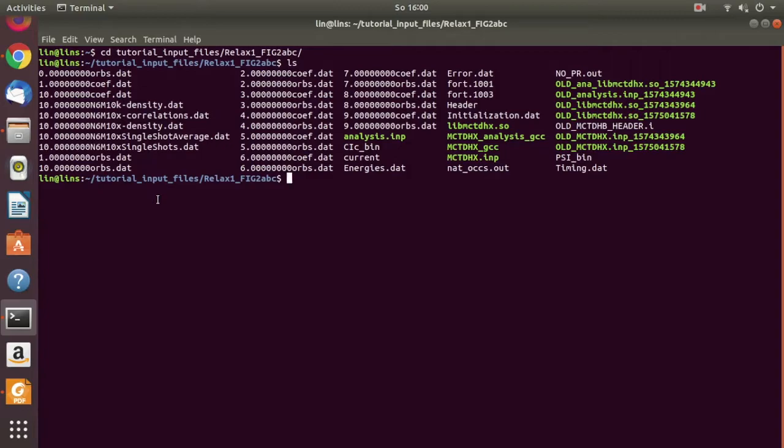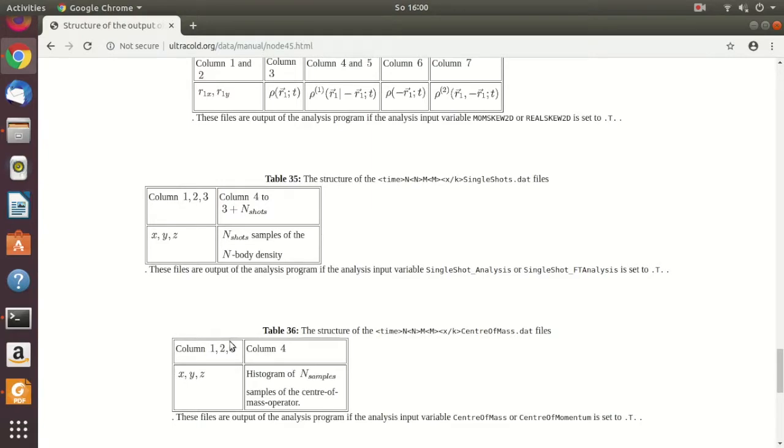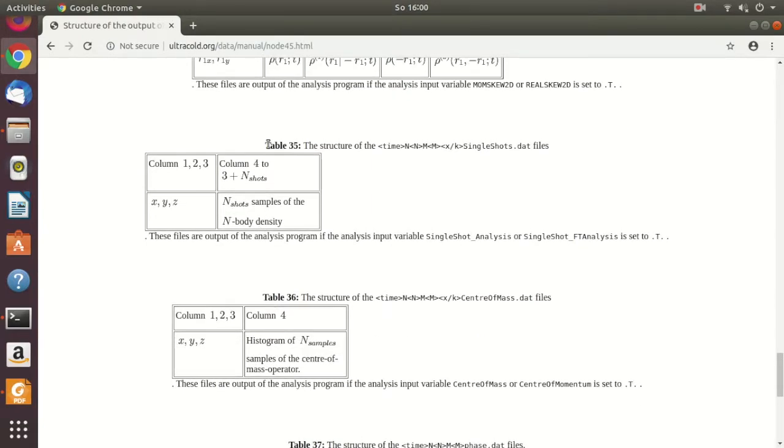Finally, let's look at the single-shot images in the single-shots.dat file. So in this table, we can see that the first column is the position, while from the 4th column on, each column is one single-shot image.